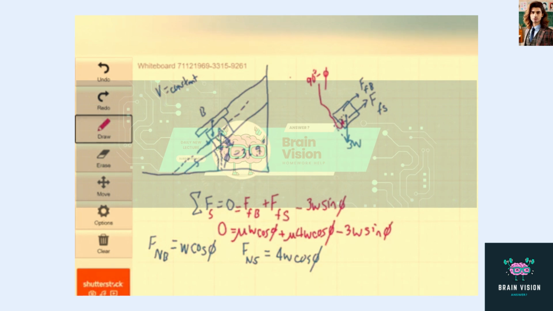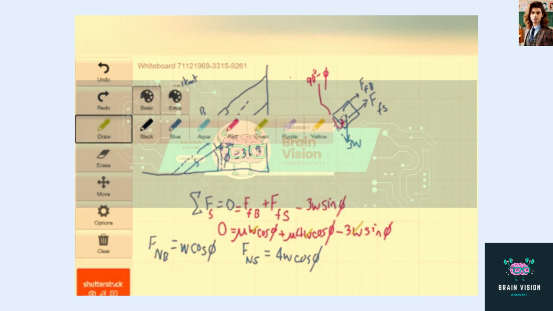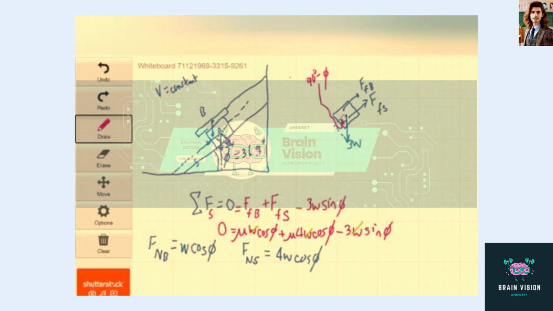W cancels out. Okay, so now I've got mu plus 4 mu. So that would be 5 mu cosine phi equals 3 sine phi. So therefore, rearranging, tangent phi is going to be 5/3 mu.